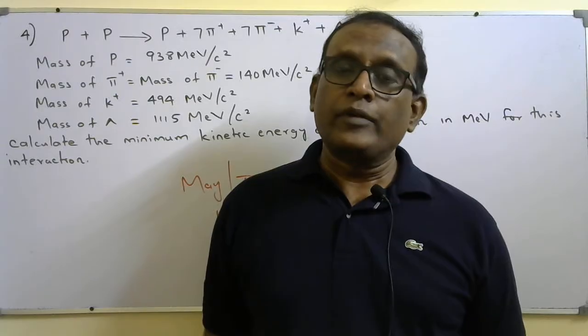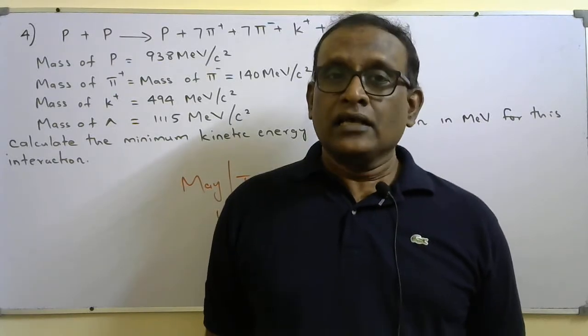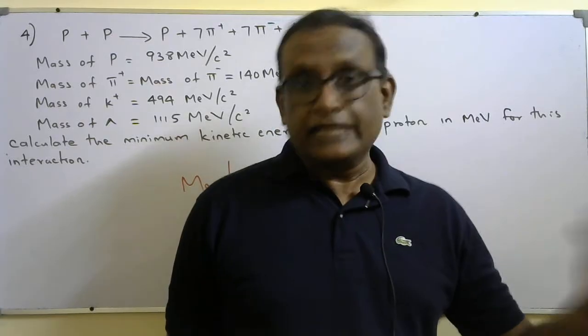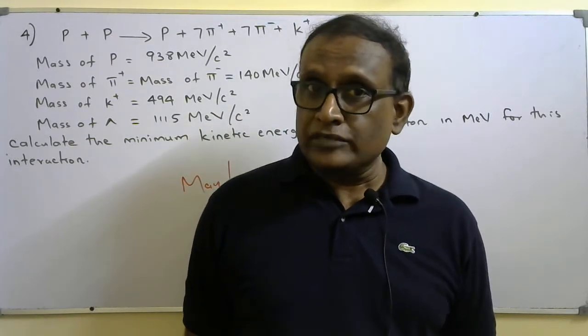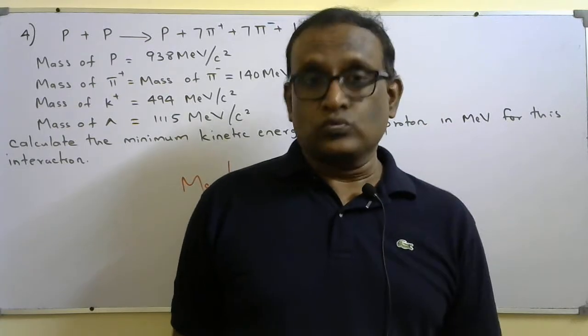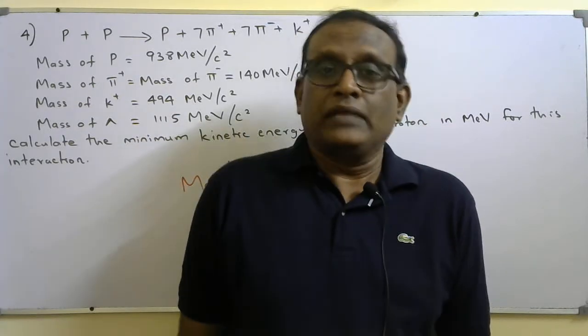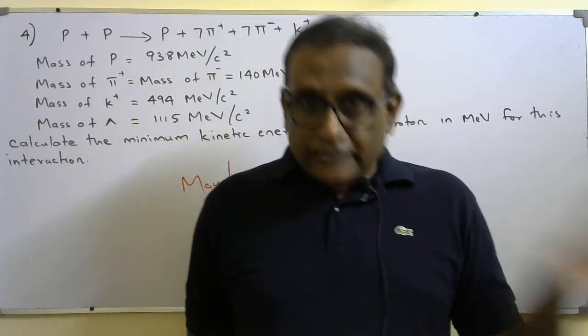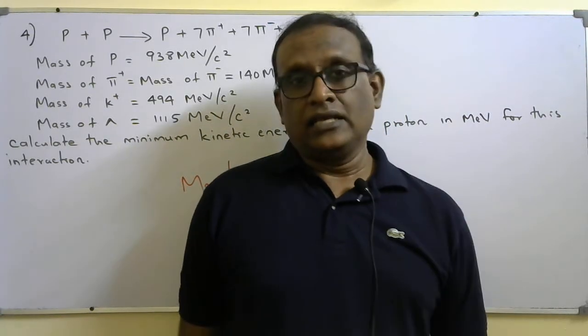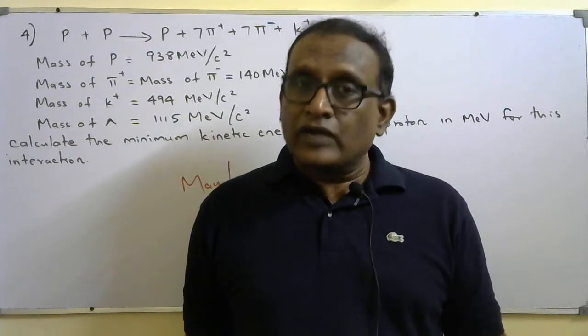So final total momentum equal to 0 means when you add all the momenta of the products, it must be equal to 0. But that does not mean all the particles are at rest. But there will be a chance, 1 in maybe, I don't know, 1 million or something like that. There's a chance all the created particles will be at rest. If that happens, what will be the advantage?